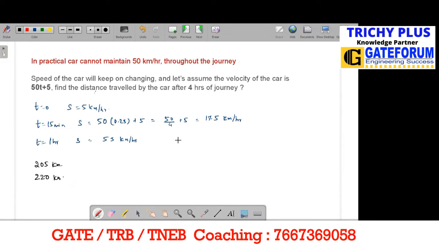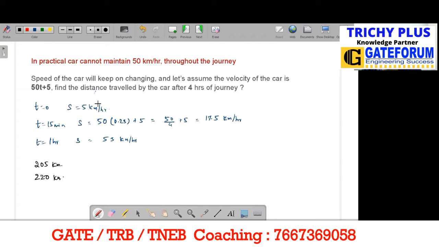But it is also not possible, sir. Due to acceleration, this is also changed, sir. Yeah, there is a deceleration. Correct. This is also not possible. So that's what I am saying. To make it a little realistic, I am just giving this option.